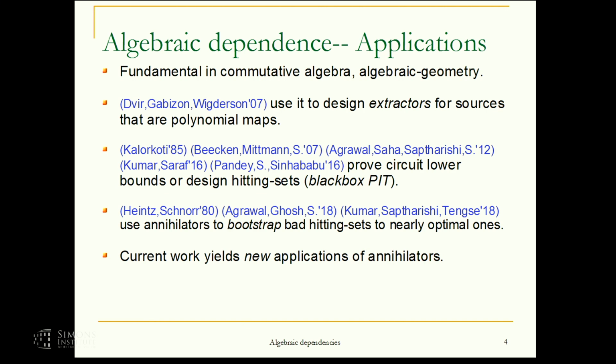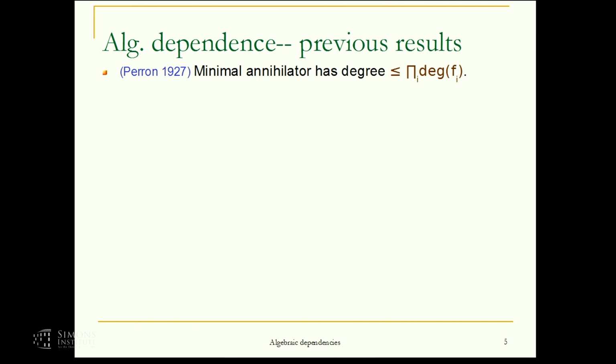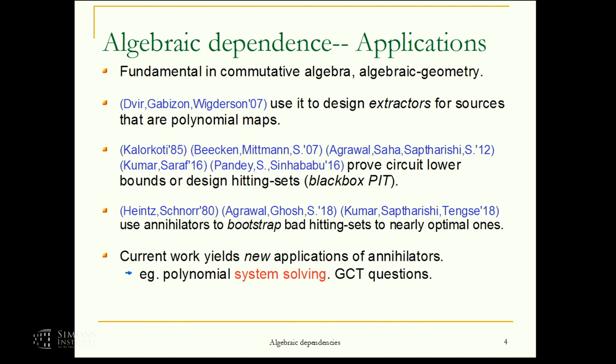There we'll work with annihilators and try to find properties of them which will be equivalent to ZC. We'll see that the question of ZC is related to polynomial system solving, and it is also related to questions in GCT.